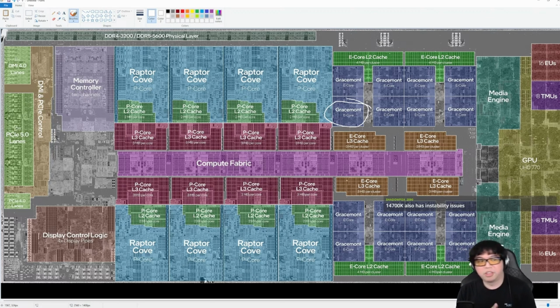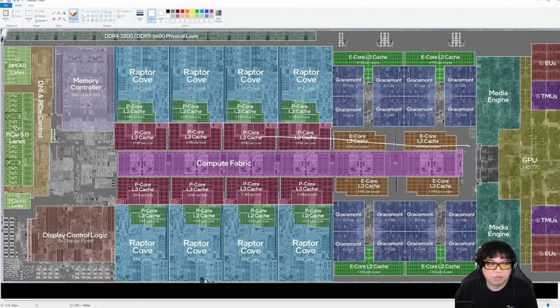So for one thing, the voltage levels and current levels through a 12th gen i9 12900K are going to be significantly lower than any of the 13th and 14th gen, which are basically the same thing, except for the i7. There is a difference in the Gracemont core count there.